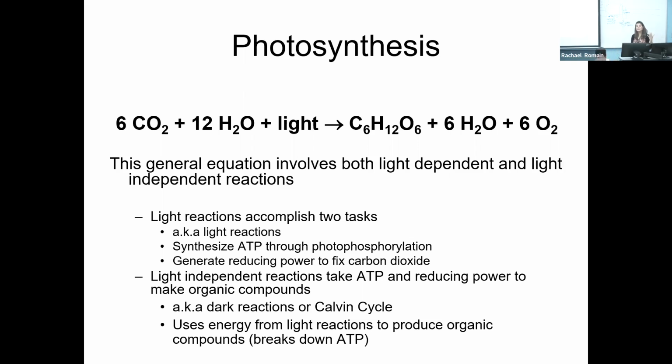Some are light dependent, which means they only happen in the presence of sunlight. The other ones are light independent, which means they can happen in the dark. They don't actually need the sunlight to occur. The light reactions make two components. They make ATP, and they also generate reducing power, in this case in the form of NADPH.